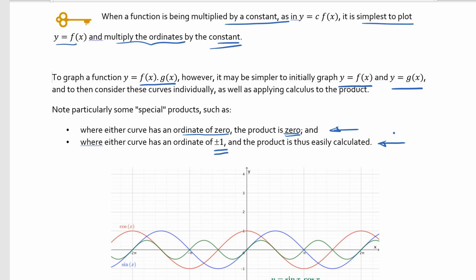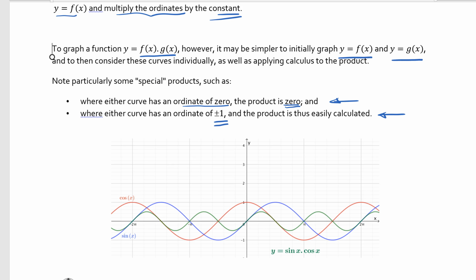If we consider these curves here, we can see sine x, the blue curve, and cos x, the red curve, and we're going to try to look at what sine x times cos x looks like.